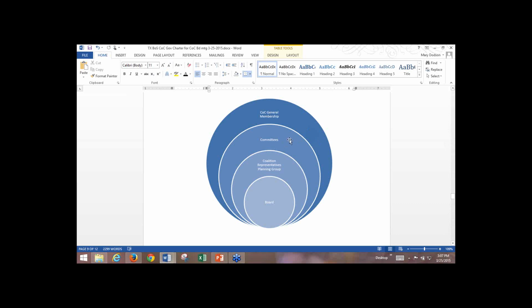And then anybody who's serving on committees would be serving at the request and invitation of the coalition representatives. And then those coalition representatives pass things back and forth to the board for official voting. So just kind of subgroupings of all of our membership is represented in this chart.